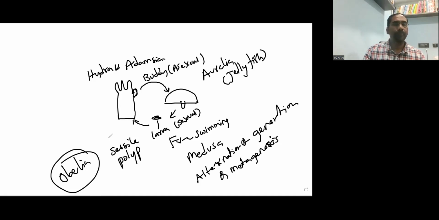Okay, ma'am? And one more extra point, very important. This is there in NCERT. Some animals produce a calcium carbonate exoskeleton. What is exoskeleton? Present around the body.